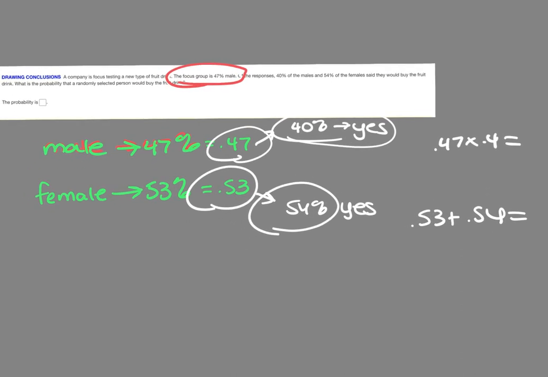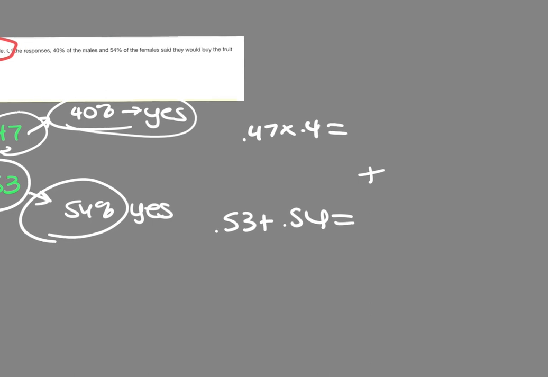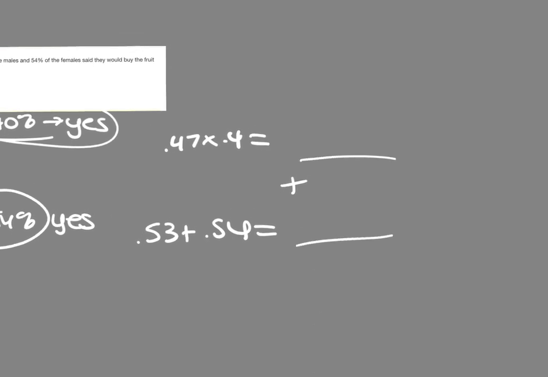And then the probability that they would buy it would be either the males that say yes or the females that say yes. So after we get these two, we're going to add them together. So this is an and and an or built in together. The and comes from male and says yes, then female and says yes, and the or is any of them, which means we're going to add them together.